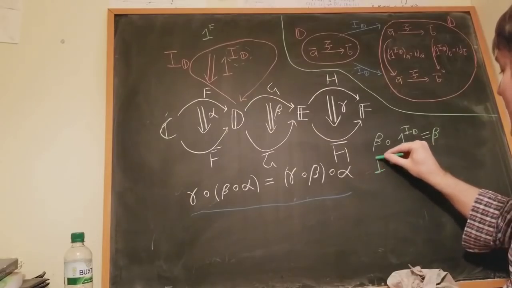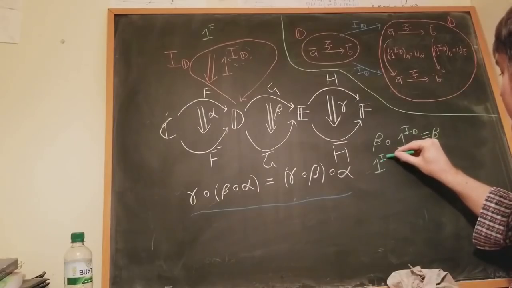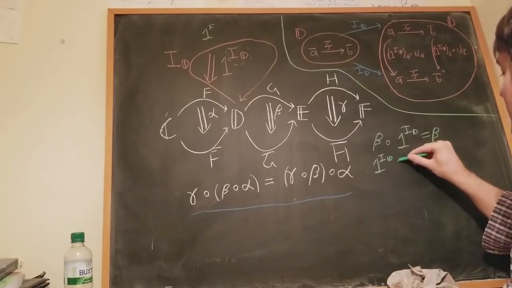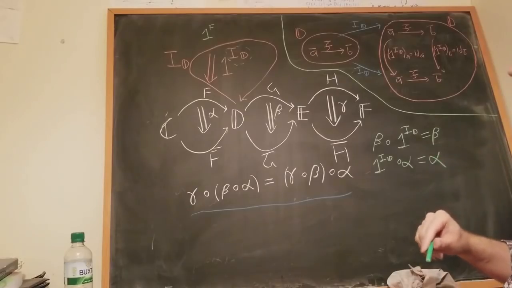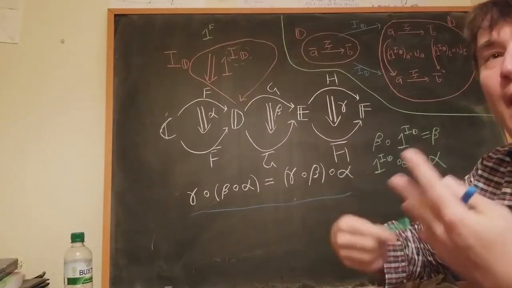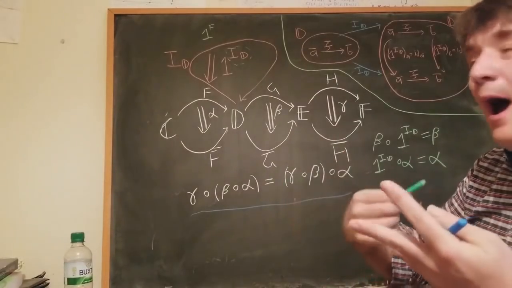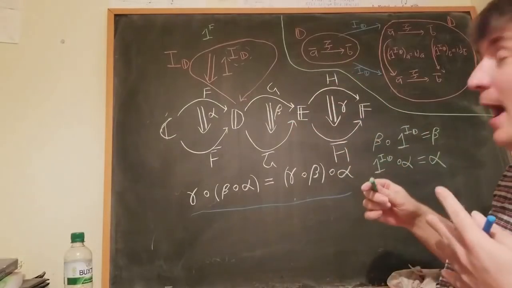And also, if we get this identity natural transformation and we do that after alpha, then we're going to get alpha. So I urge you to try and convince yourself of these truths.